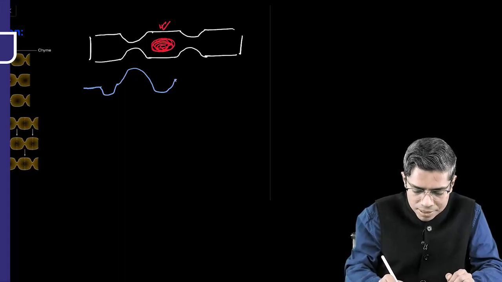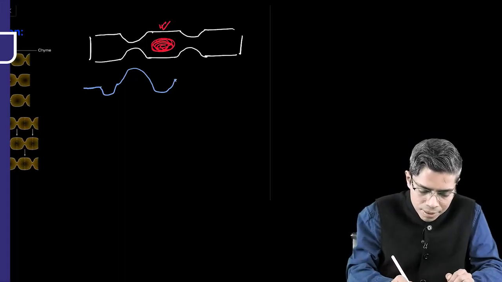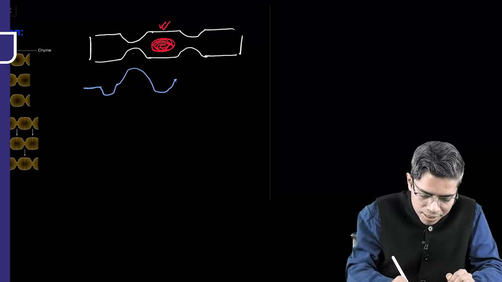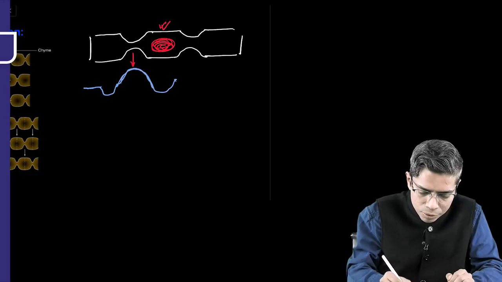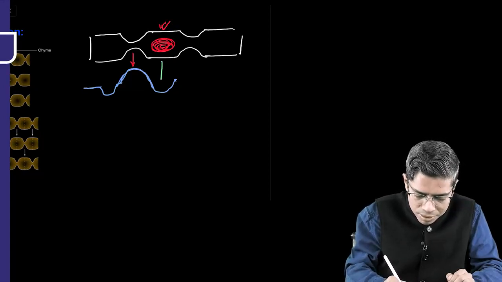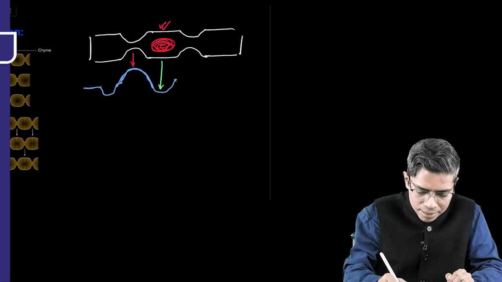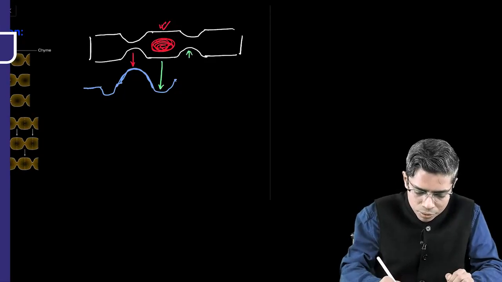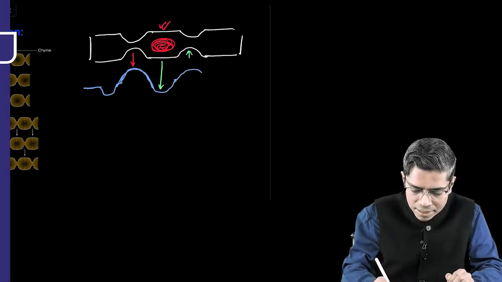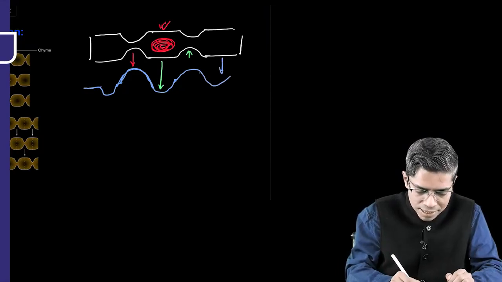I hope you are understanding this part. So this was contracted, now this is dilated, and the area which was dilated is now contracted. Again this area was contracted, so this part will be dilated, and the area which was dilated is going to be contracted like this.